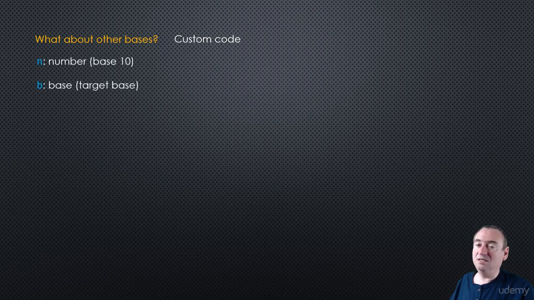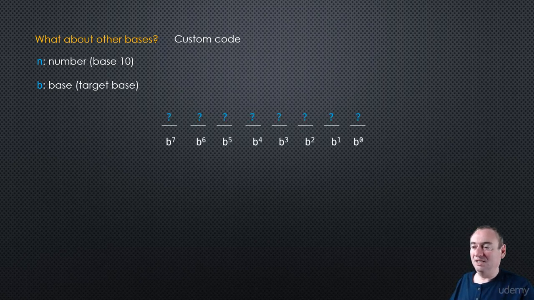It's a good exercise, and it will also allow us to flex our muscles a little bit with the div and mod operators. So suppose n is a number in base 10, and b is the target base. So we want to change n's representation from base 10 to base b. Well, what does that mean? That means that we want to find a string of base b digits that represent that same number.